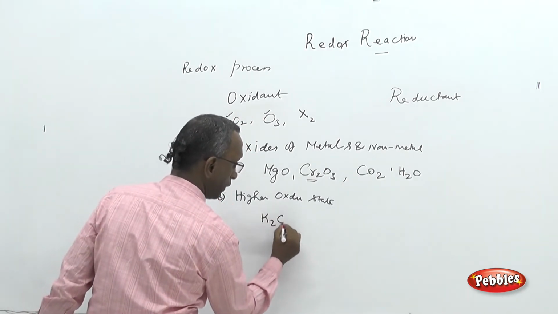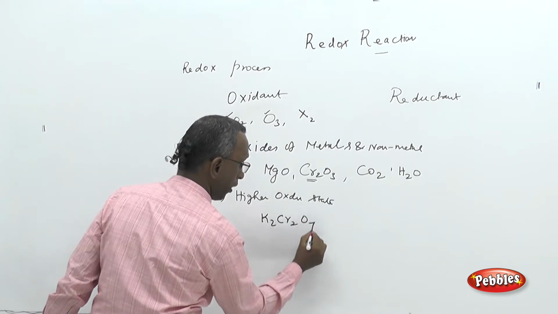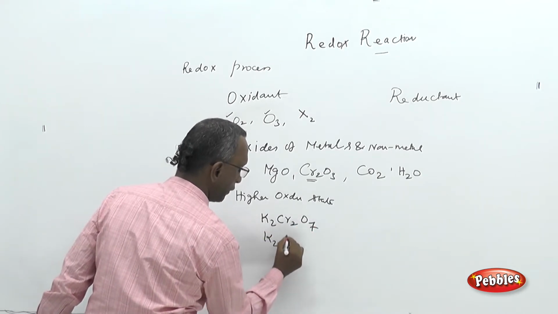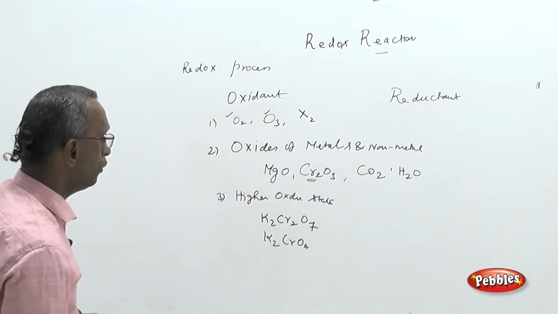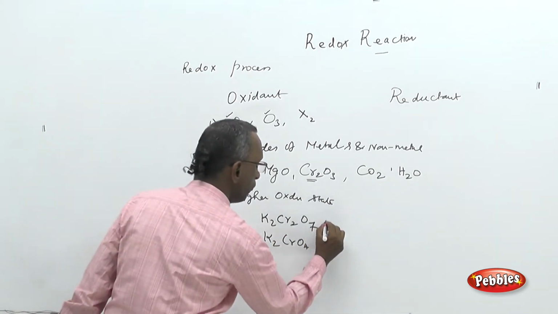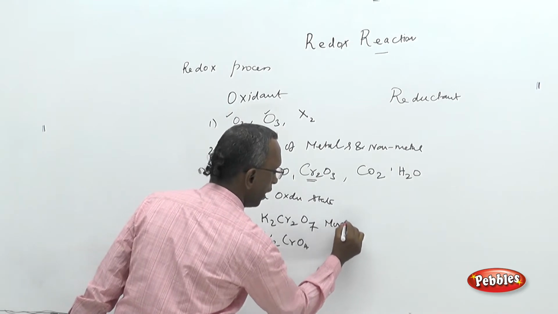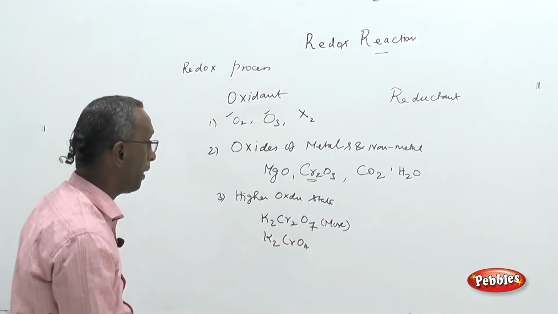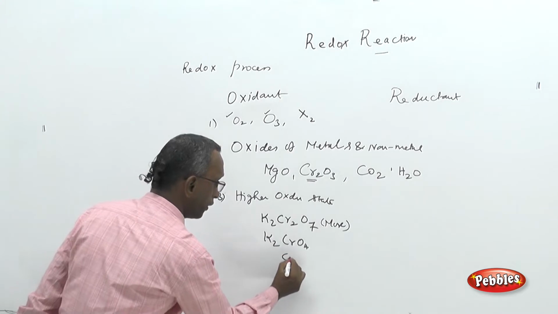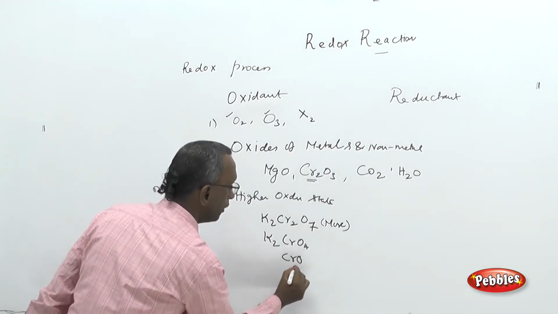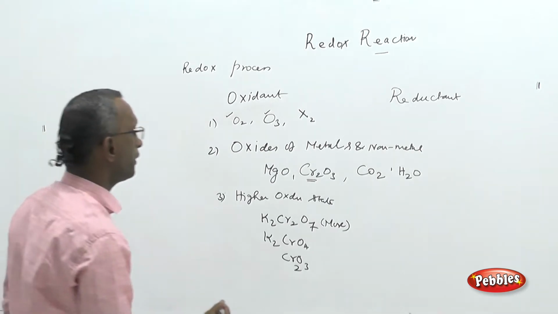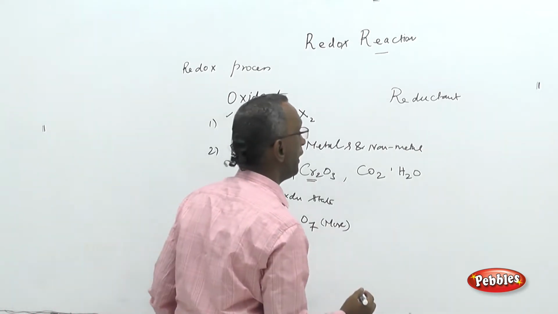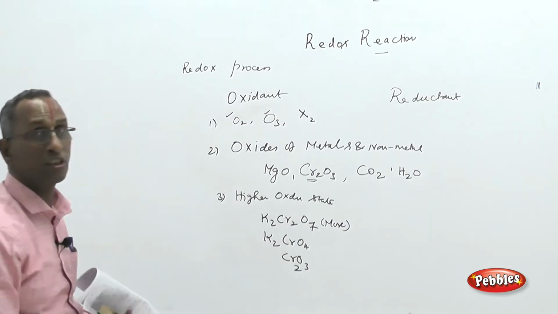Potassium chromate is K2CrO4. Potassium dichromate is K2Cr2O7. This one is a more powerful oxidizing agent than potassium chromate, and that is more powerful than chromic oxide. All are chromium compounds. So systems with higher oxidation state can serve better as oxidants.